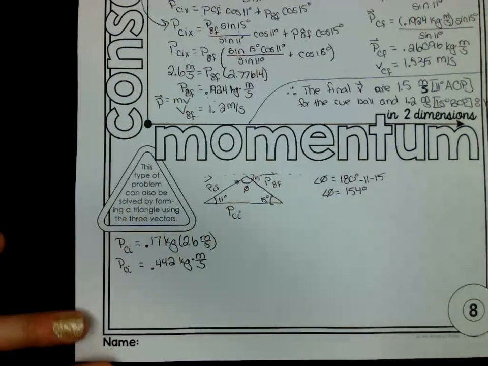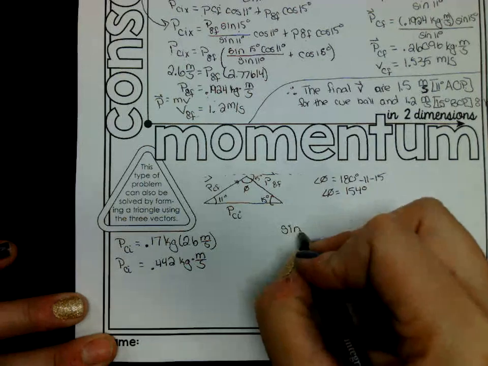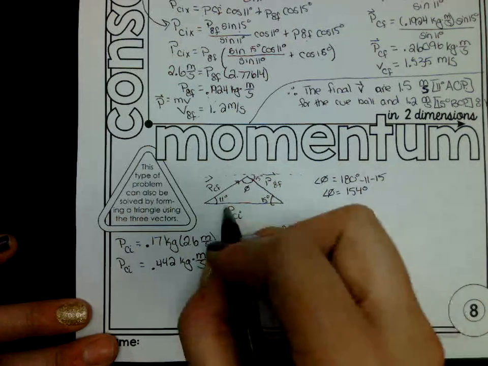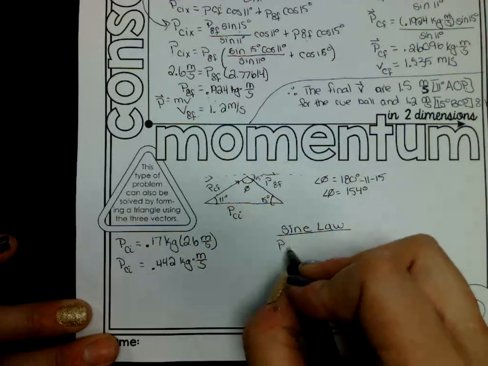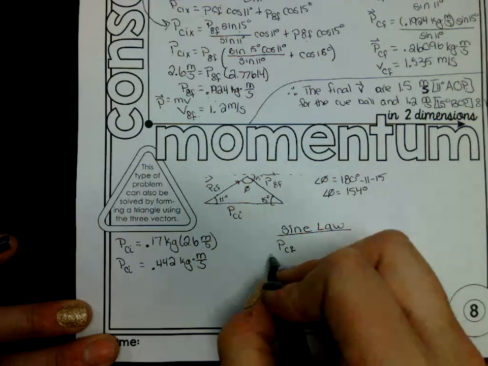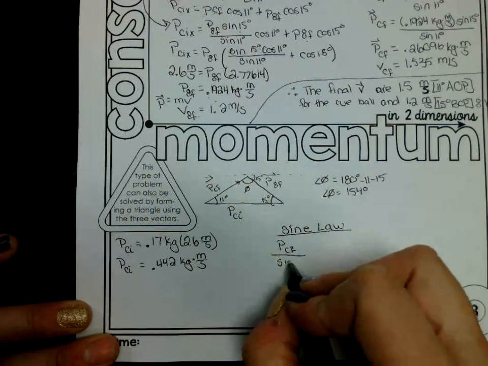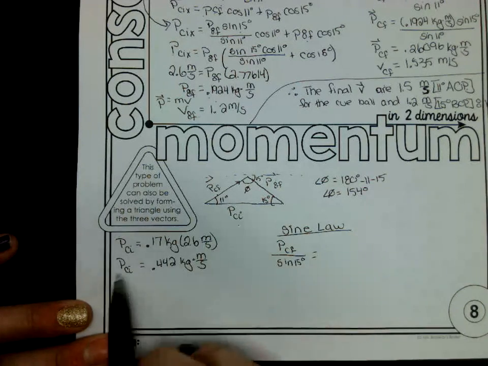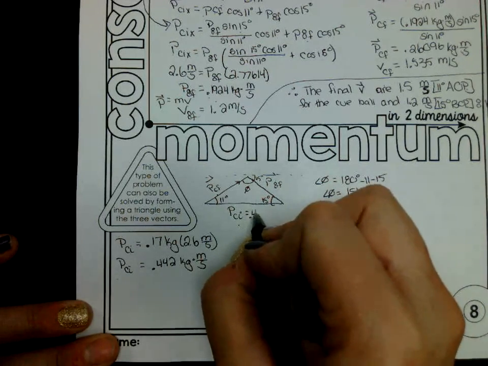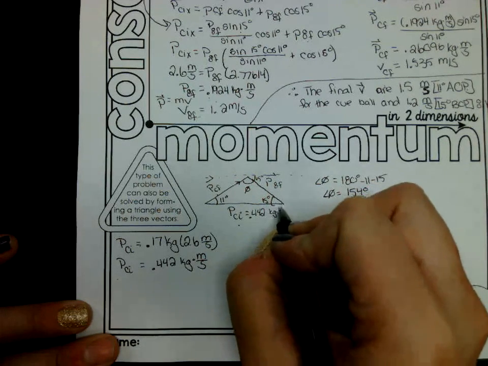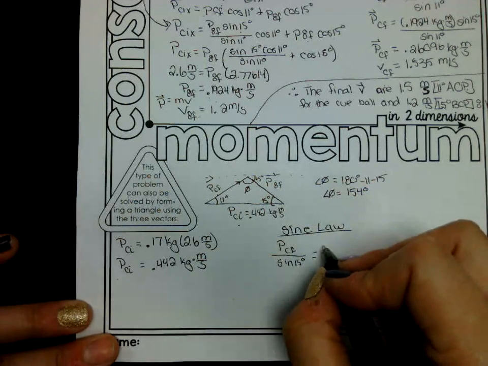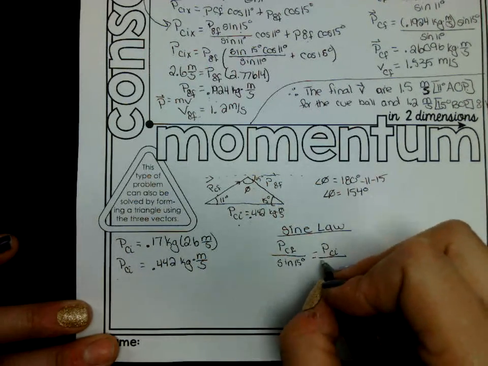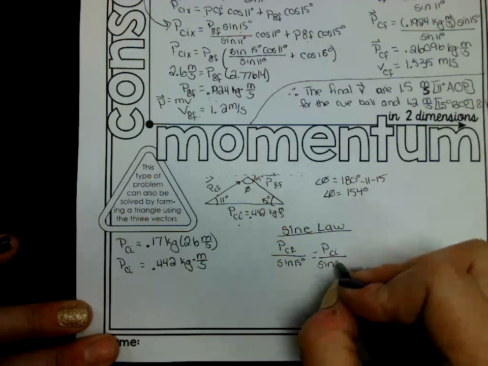And now I can use the sine law. The momentum of the cue ball final over the sine of 15 is equal to the momentum of the cue ball initial over the sine of 154, or the sine of theta.